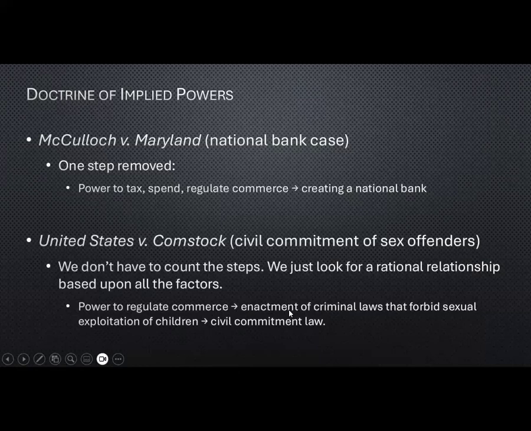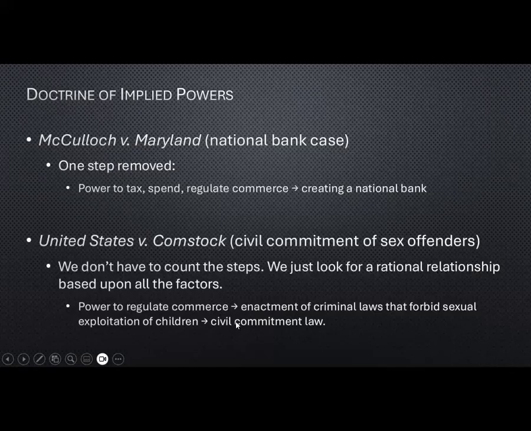But in the end result, the court has agreed that the criminal behavior being regulated does ultimately have a significant effect on interstate commerce, because that exploitation process often involves instrumentalities of interstate commerce. So the court has already made this first connection from the criminal laws being enforced when criminals are put into prison back to the power to regulate commerce.